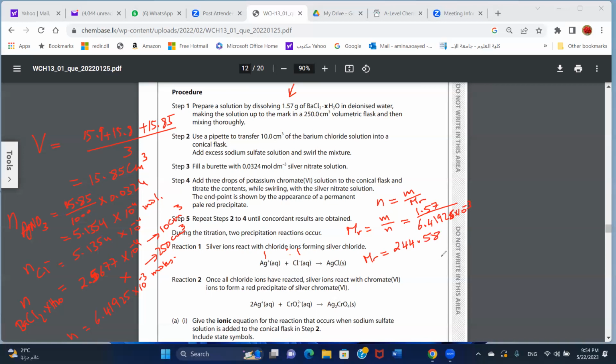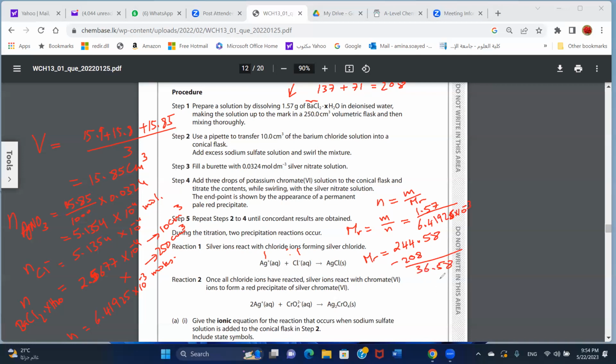Now, how can we get X? You then subtract the mass of the anhydrous barium chloride. So the barium is 137 plus 2 chloride 71, so we get 208. When you subtract, you get 36.58.